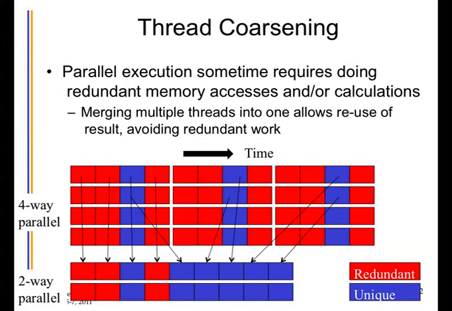What the thread coarsening would do is to actually merge, let's say, these 3 threads into one, and take the redundant work and do the redundant work once, and then do the unique work. And in this particular case, I'm actually showing that you can even do it for a 2-way parallel system by merging 6 of them together.